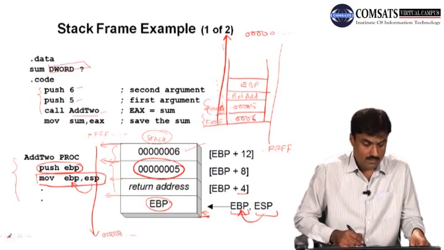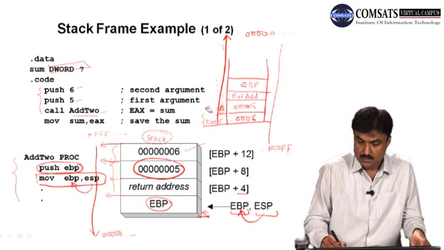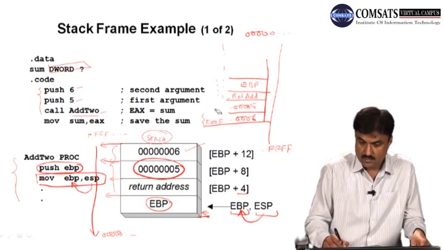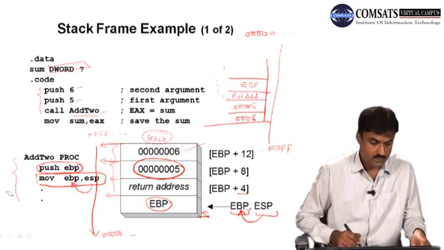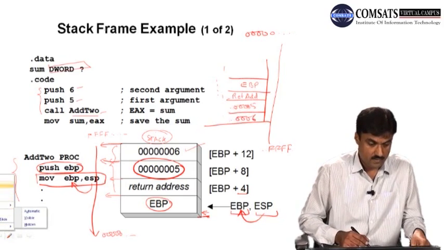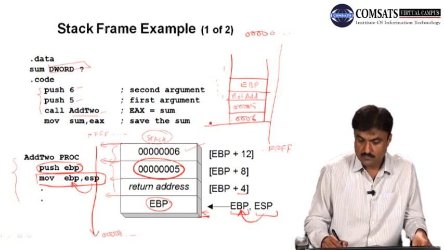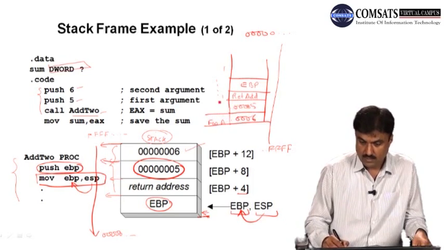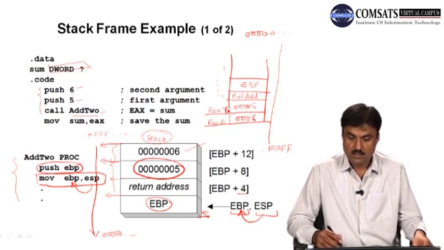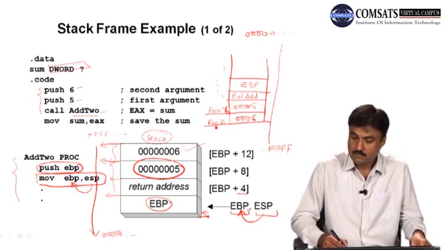Now we will discuss why we need to use this EBP. Suppose this one is F00A, and this should be F007, or maybe 6. So 6, 7, 8, 9, and then we have A, and so on.